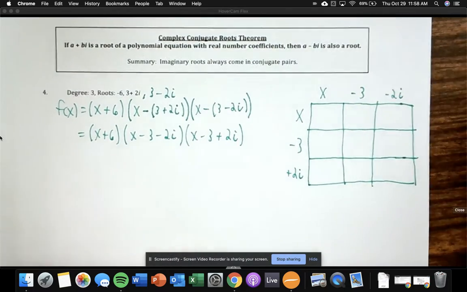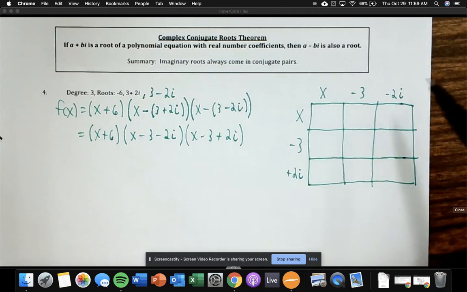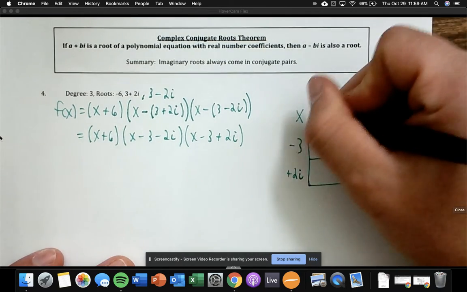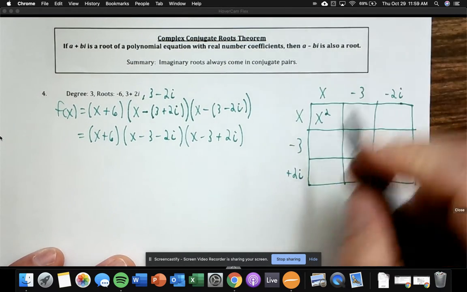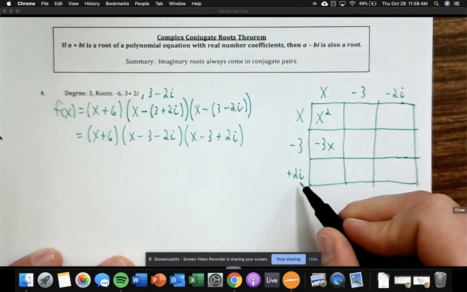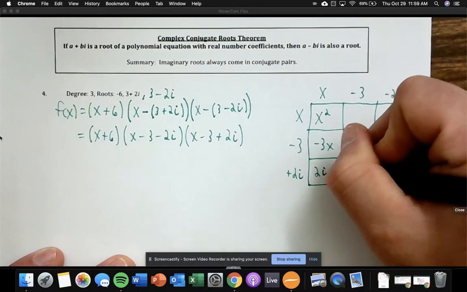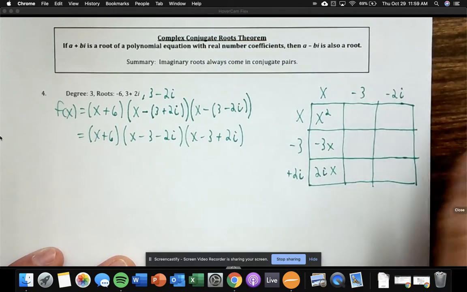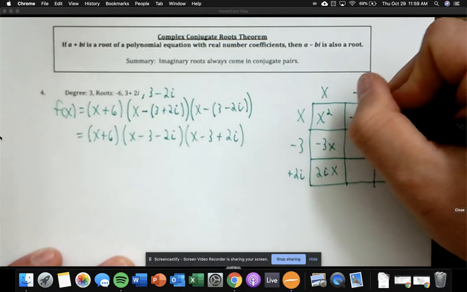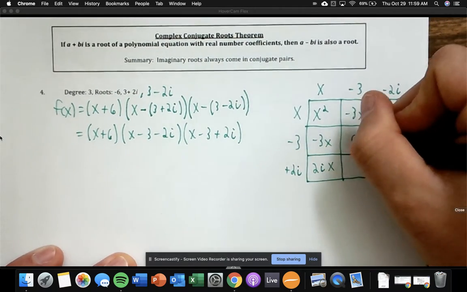All right, so using the box method, we just have to multiply all of the terms on the side with all of the terms on the top. So x times x, we get x squared. Negative 3 times x is negative 3x. And then 2i times x will give us 2ix. x times negative 3 is negative 3x. Negative 3 times negative 3 is positive 9.